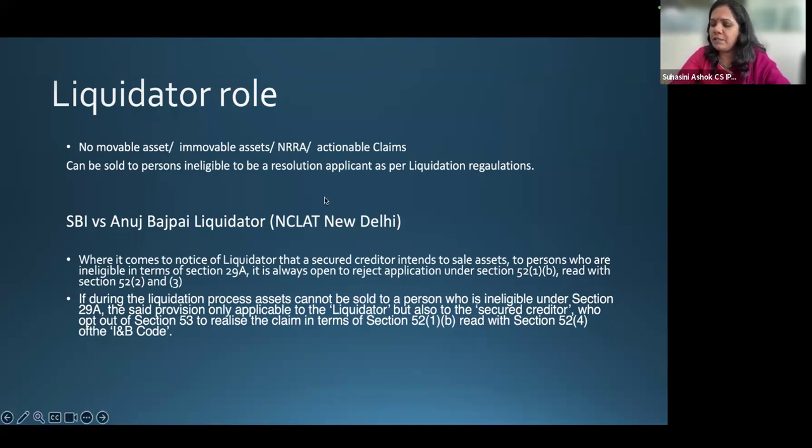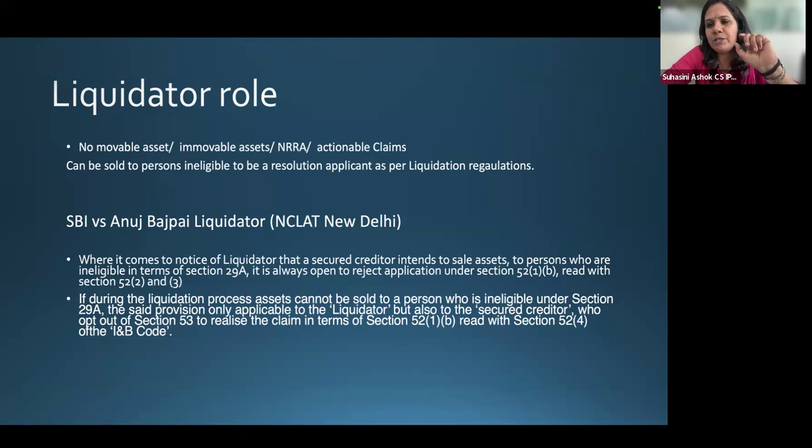So when we discuss this, I just want to touch on one case, SBI versus Anuj Bajpai, liquidator. Here, it came to the notice of the liquidator that one secured creditor wanted to sell the assets to a person who is ineligible under Section 29A. So I just want to bring brief points here.